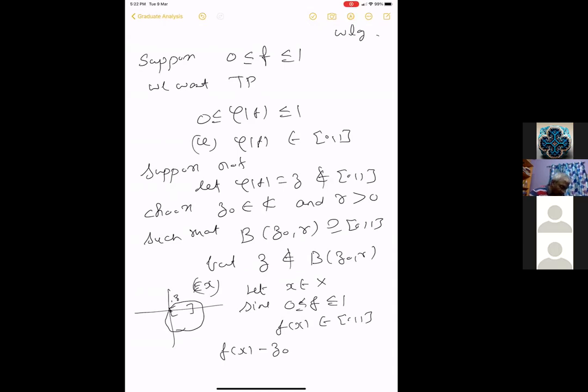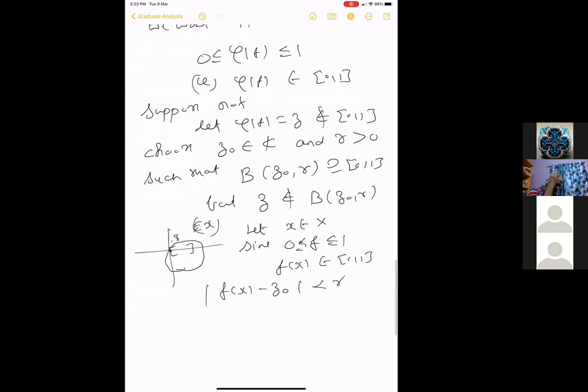And we know that this interval [0, 1] is contained in that ball, so this is less than r. This is for all x in X. So this implies that if you take the infinity norm, the norm of f minus z0 times 1, where z0 is a number and 1 is the constant function, is less than or equal to r.